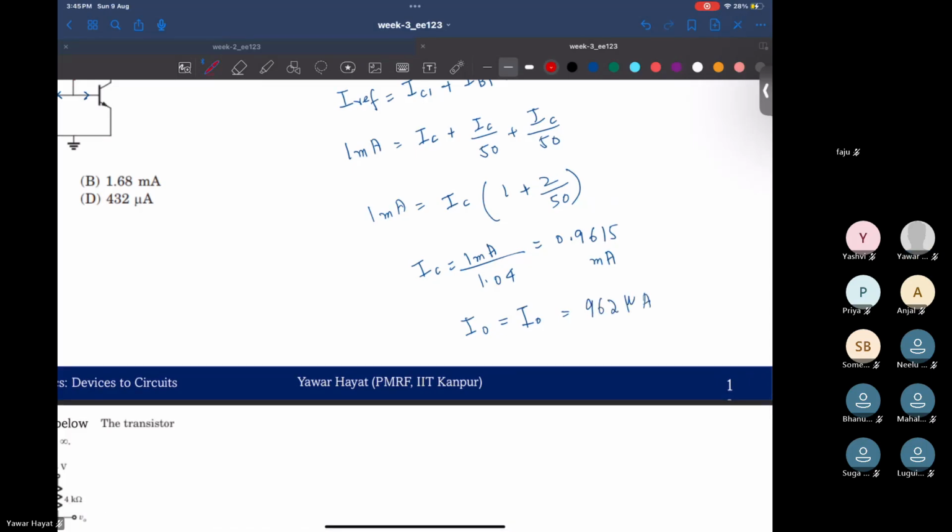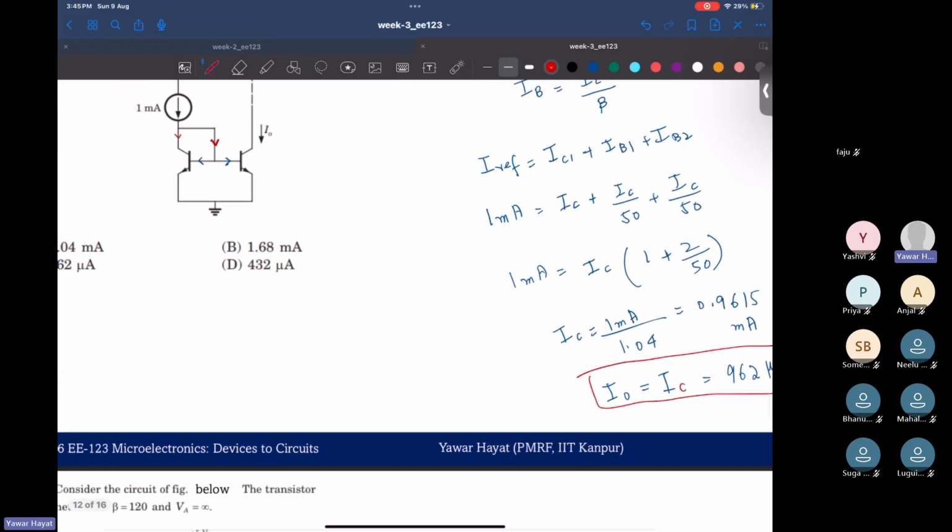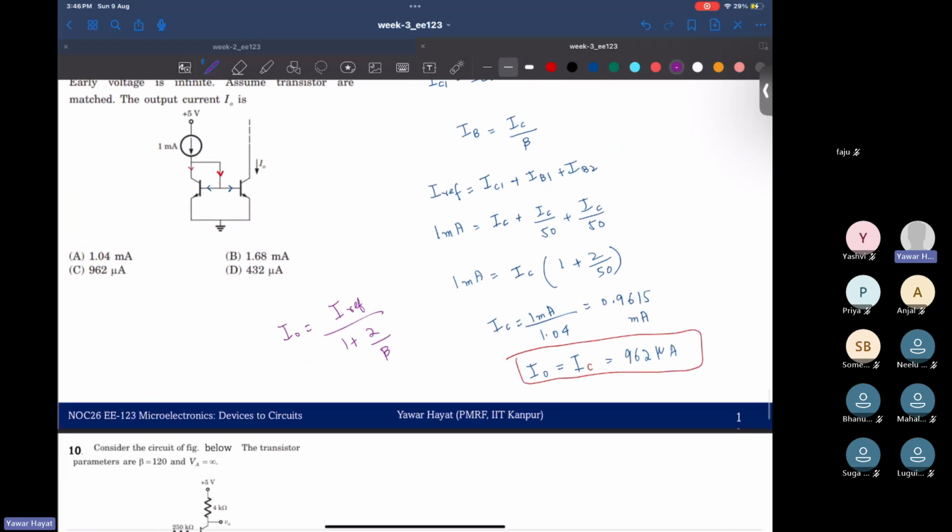Done? Correct? In fact, the useful formula that you could note for this two transistor matched current mirror would be this one. Your I naught would be equal to IREF divided by 1 plus 2 by beta. This is assuming the transistors are matched.